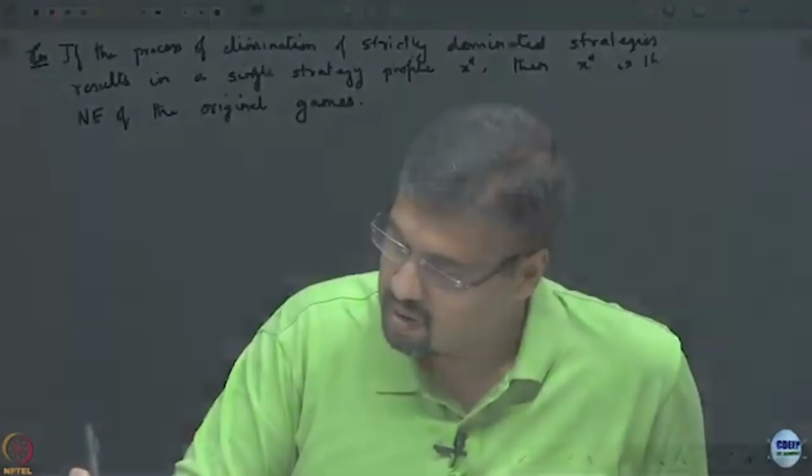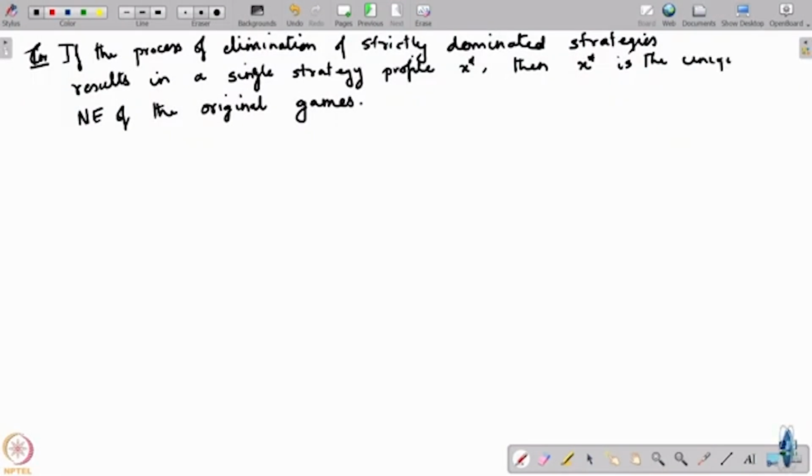So there is in fact a stronger version of this. Now, since Shashank has brought this up, let me mention this. Can I strengthen this by saying something more? Is the unique Nash equilibrium of the original game?